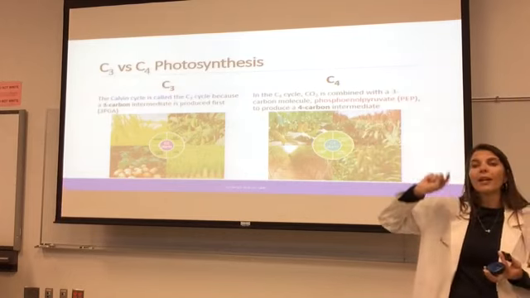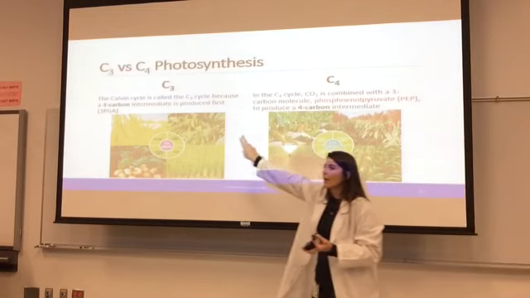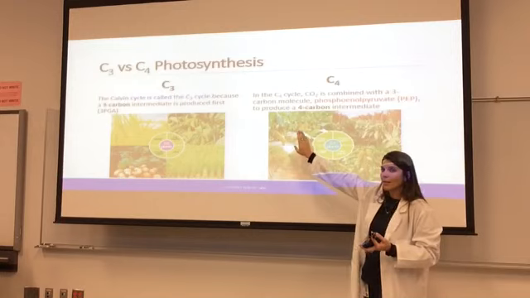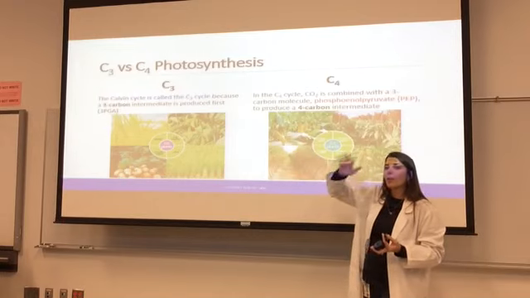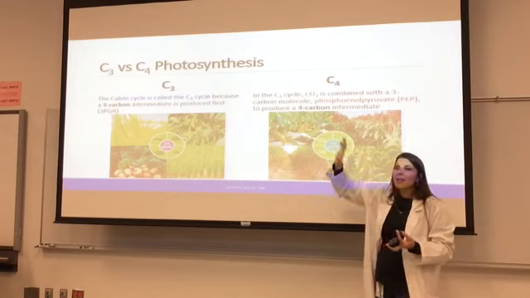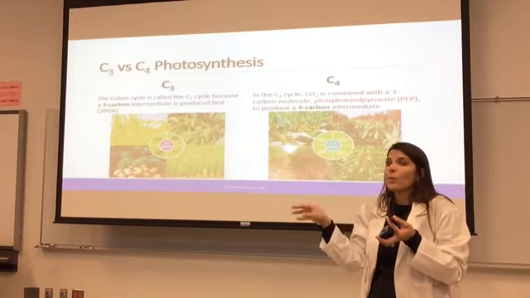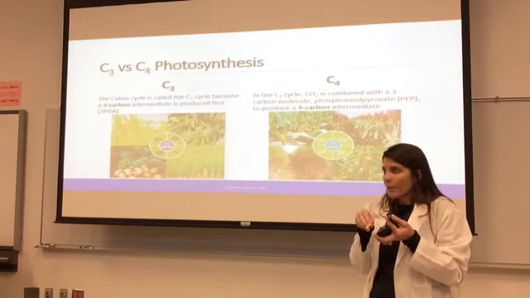What C4 plants can do is instead of making a 3-carbon intermediate, where they have just enough carbon to conduct photosynthesis, this organism has the ability to create a 4-carbon intermediate, which means it can hold just a little bit extra carbon.